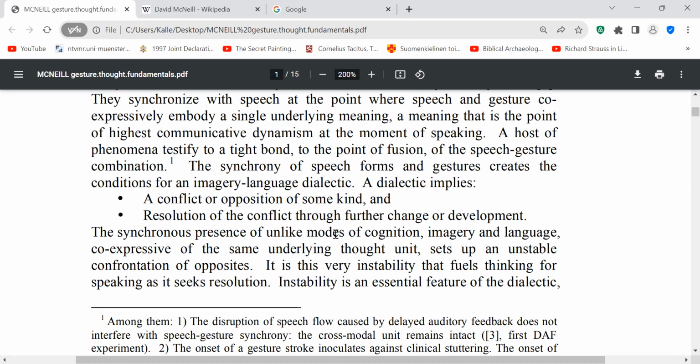A dialectic implies a conflict or opposition of some kind, and resolution of the conflict through further change or development.